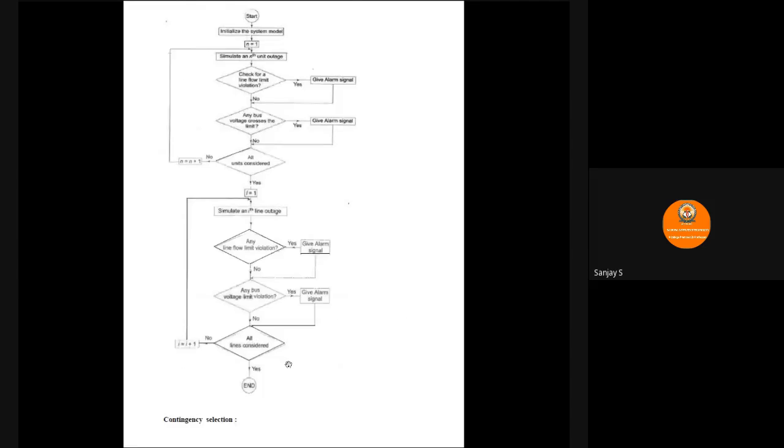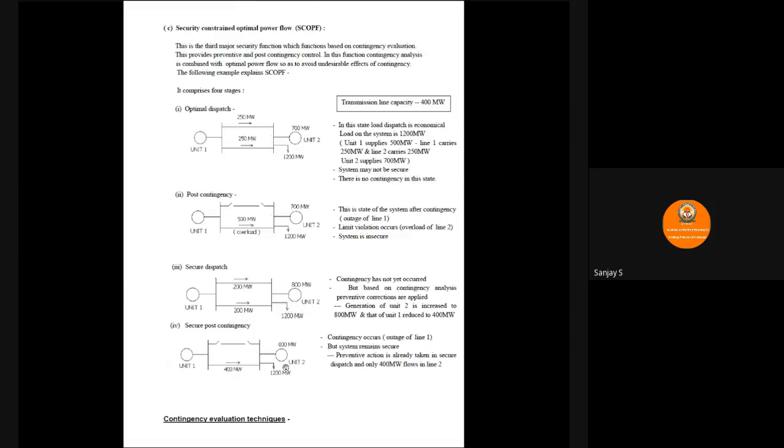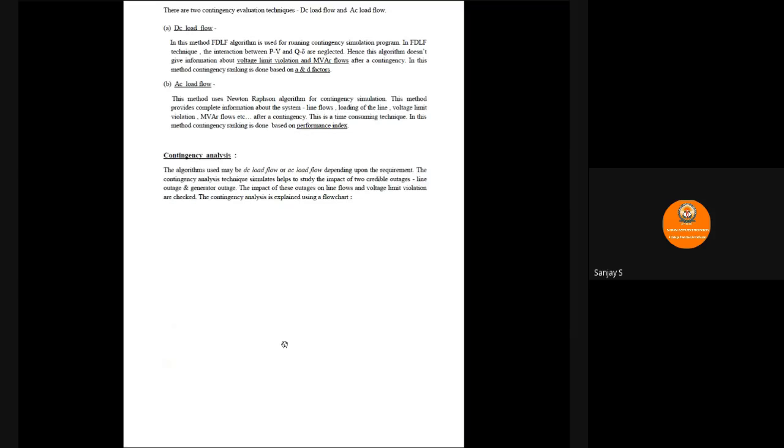Then we talk about contingency evaluation techniques. Contingency evaluation technique means, in order to do the simulation, what are the methods we are using, what are the algorithms that we are using. One is DC load flow, the other one is AC load flow. So in case of DC load flow, we'll be using FDLF algorithm that we have discussed in module number 2.